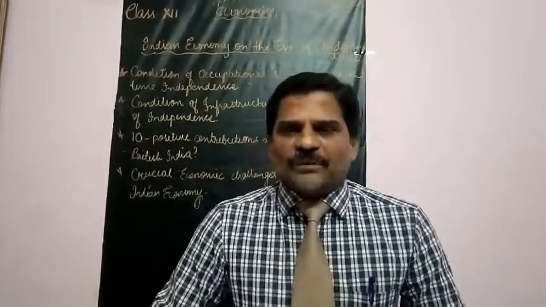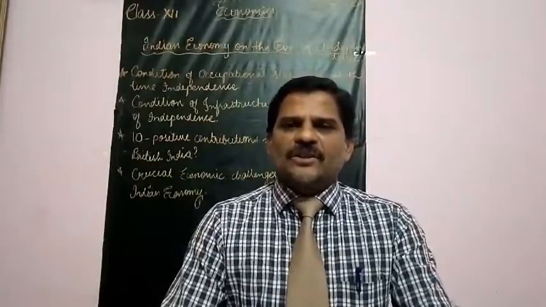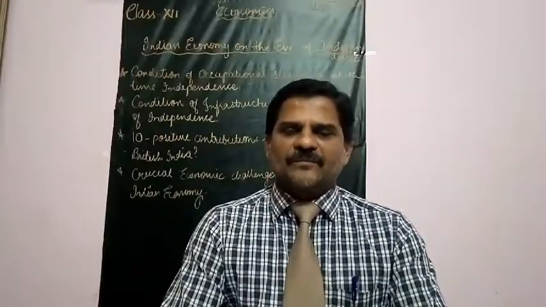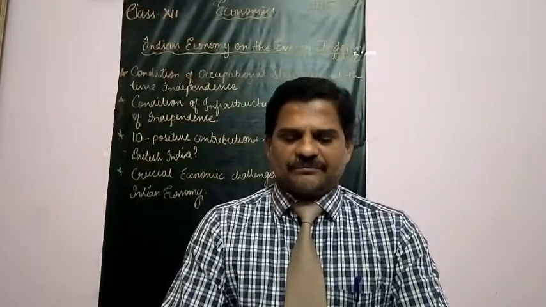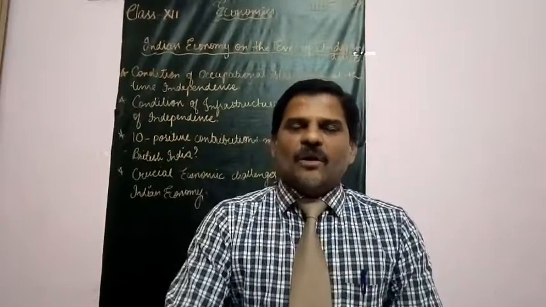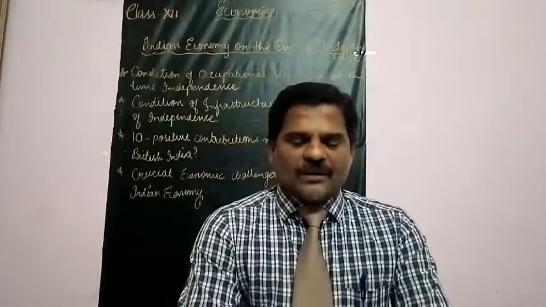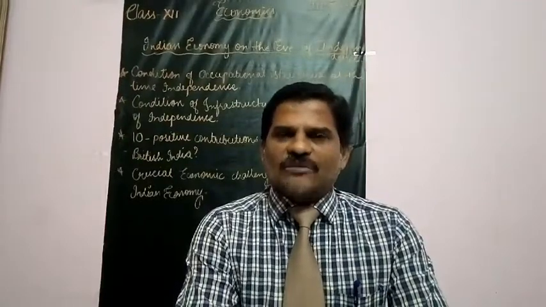That's our first topic. So students, how was the occupational structure during British rule, during colonial rule in our country India? First of all, you should know what is meant by occupational structure. Occupational structure refers to the distribution of working population across primary, secondary and tertiary sectors of the economy.